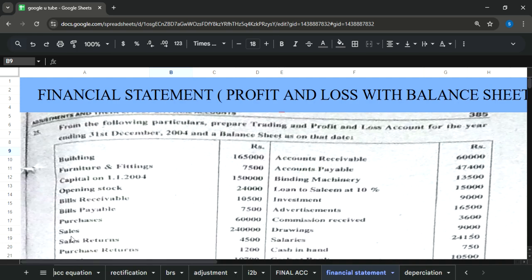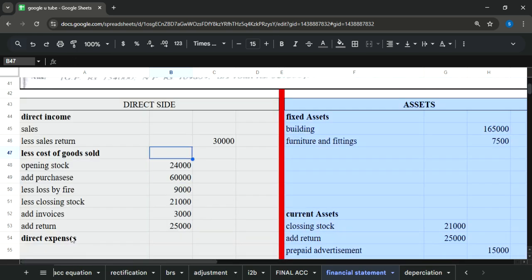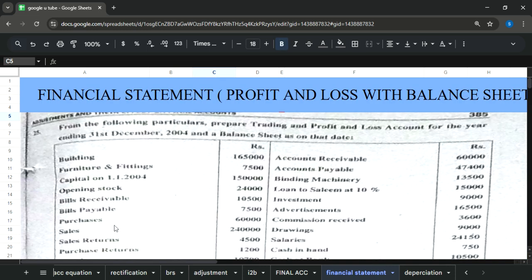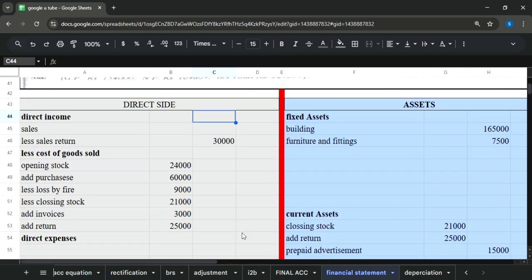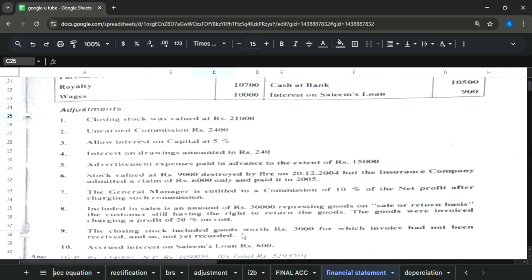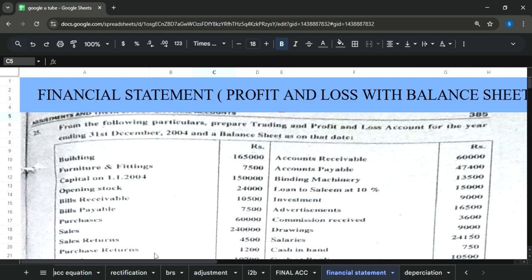Then we have sales. Obviously its place is also fixed. Amount of sale is 240,000. So just put amount in front of it. After sales, we have sales return 4500.